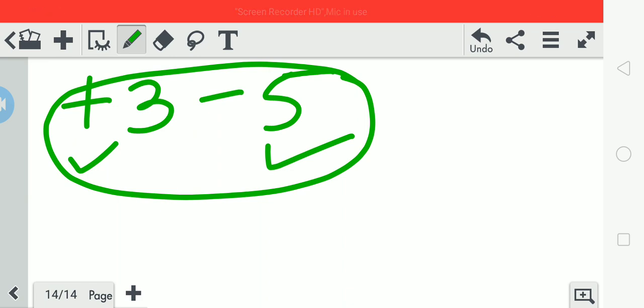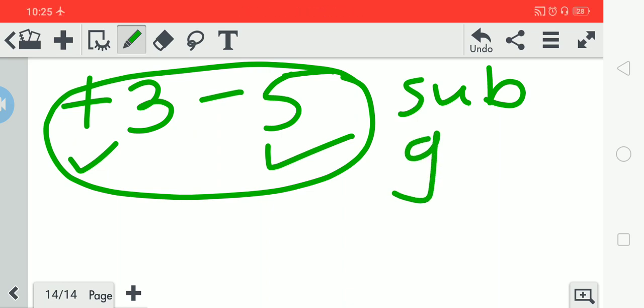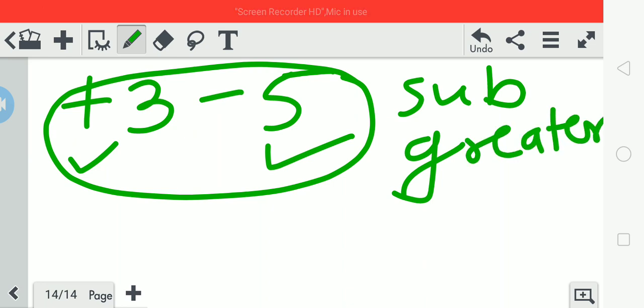When the numbers have different signs, that means some numbers have the positive sign and some have the negative sign. In this case you have to perform the subtraction operation and always remember to put the greater number's sign on the answer.